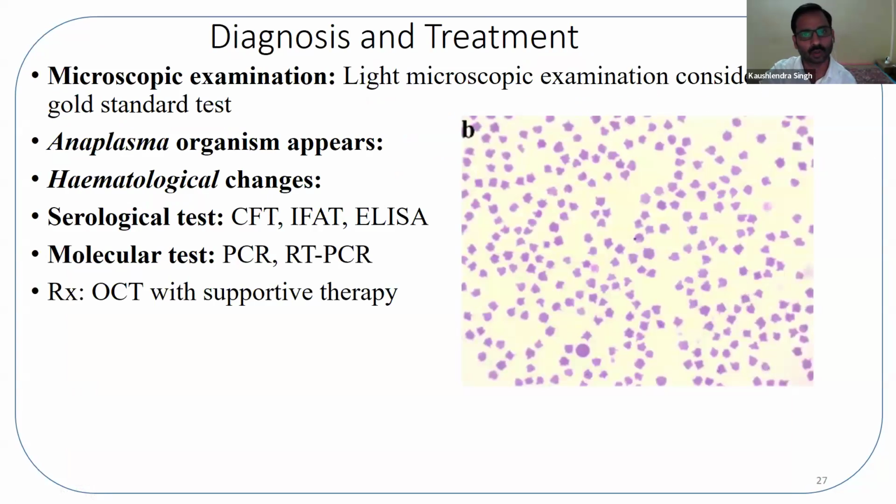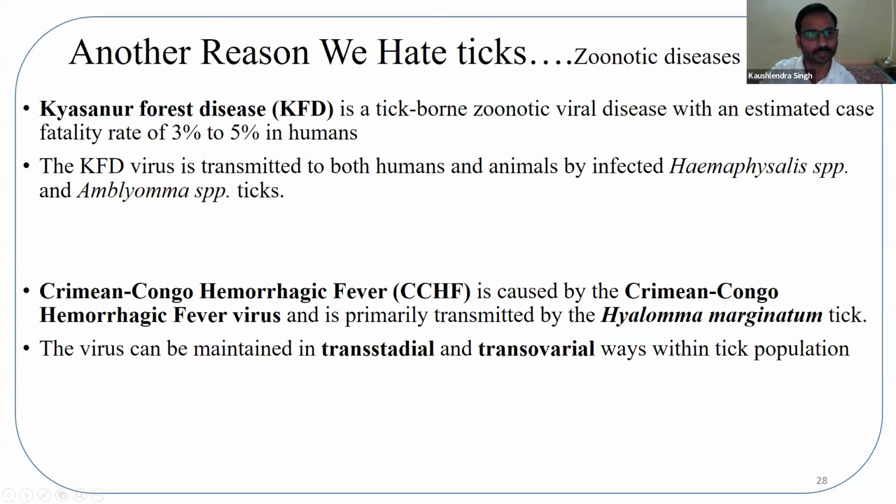Diagnosis: light microscopy, as you know, is the gold standard, and you can use the serological tests CFT, IFT, and ELISA, and molecular tests, PCR and RT-PCR. You can treat with oxytetracycline with supportive therapy.